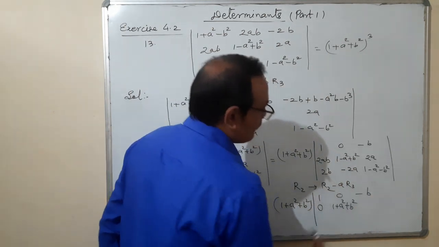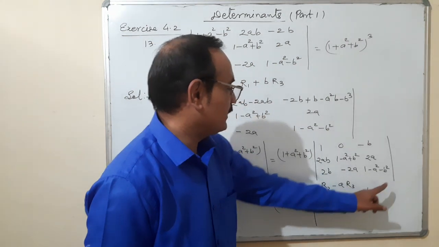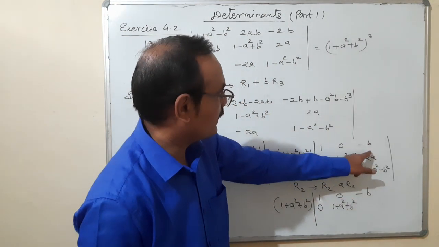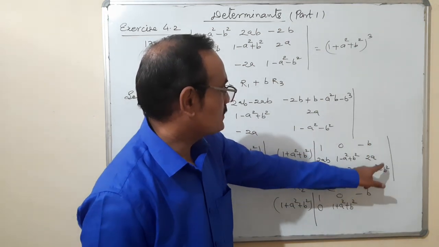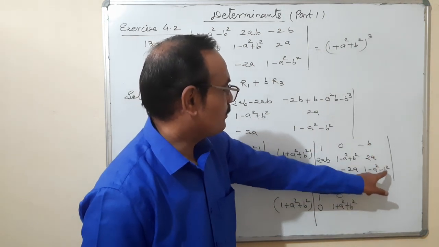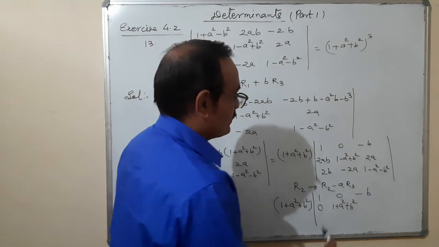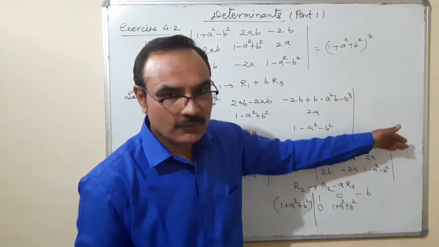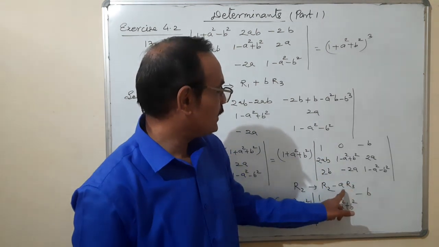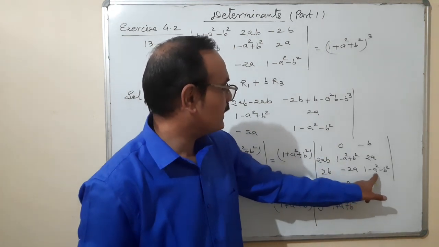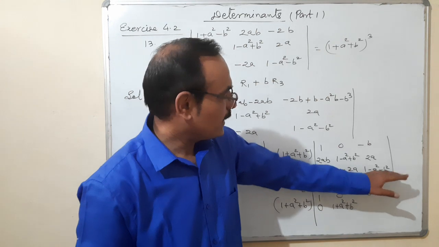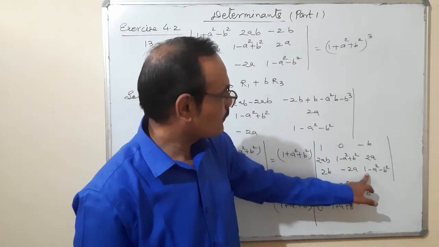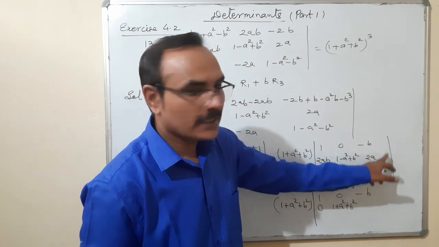Multiplied by a, 2a minus a, so it is coming a plus a cube plus ab square.